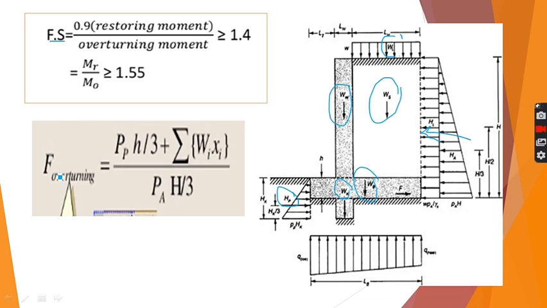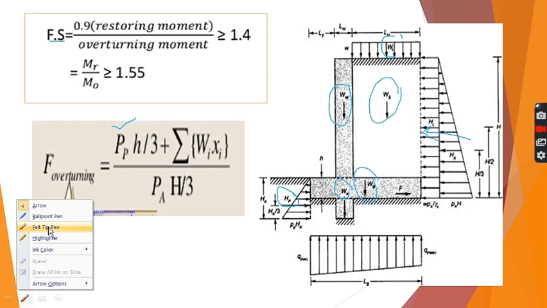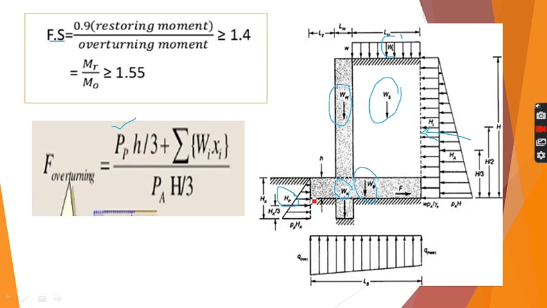So if we simplify this formula, the factor of safety against overturning will be restoring moments. What are the restoring moments? Passive earth pressure and the different weights acting here, as I have circled here. The moment due to the passive earth pressure at this point will be PP into H by 3.